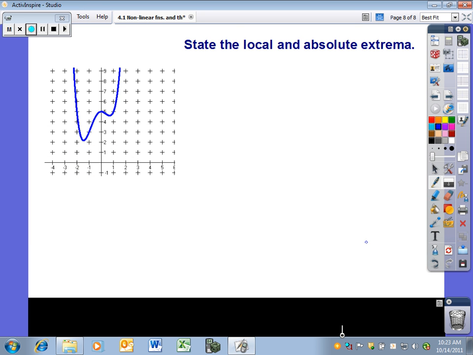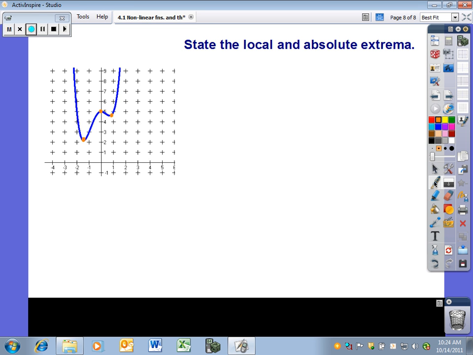Okay, let's state the local and absolute extrema. So let's first find them. Turning point, turning point, turning point. Off the graph so they don't reach absolute height with that part.